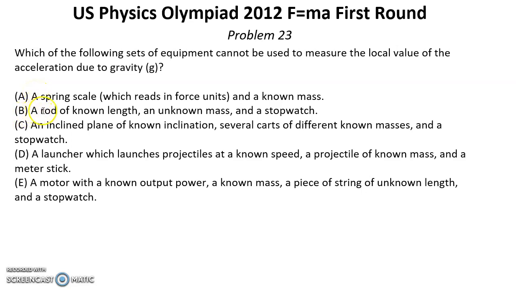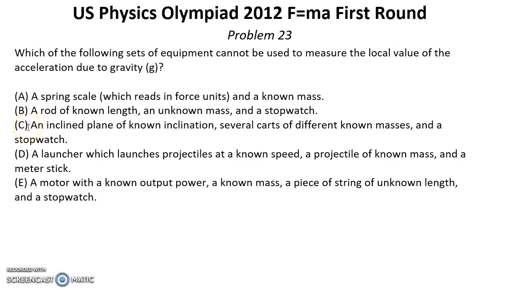B. A rod of known length and unknown mass and a stopwatch. This equipment could be used if we use the rod as a pendulum with a known length. We can find g using the period and the length formula. So this is not the correct answer.